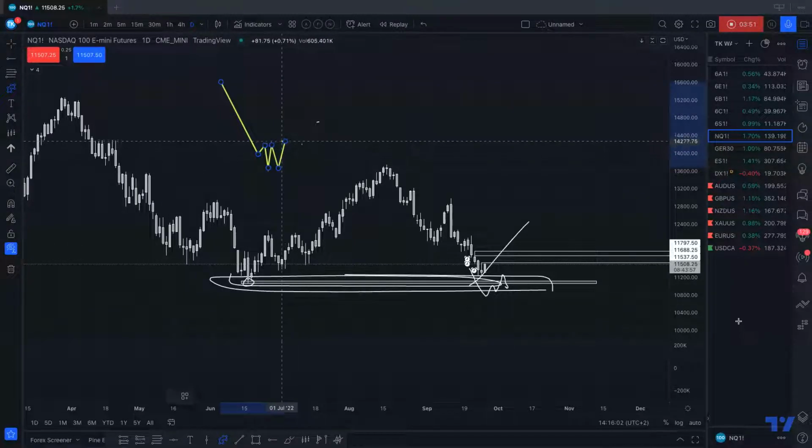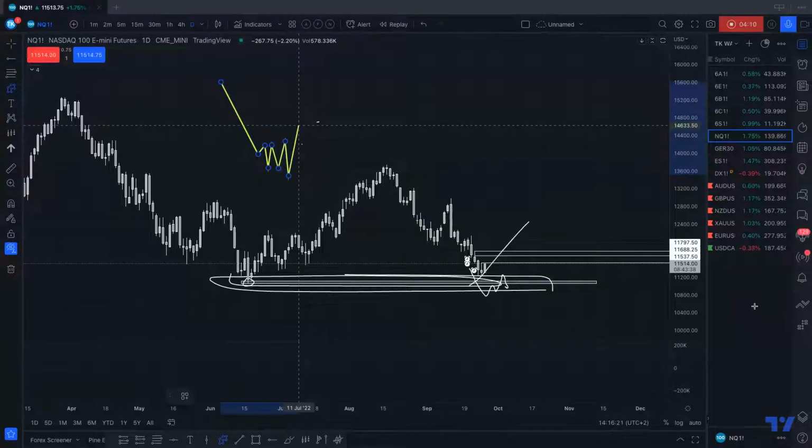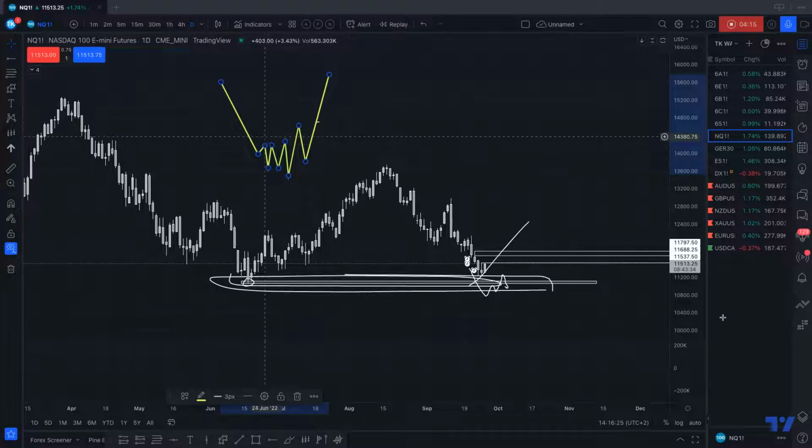I want to see price build something, possibly below the minimum. Then I want to see a strong selling climax to grab the liquidity here, and then a new high and a retracement.